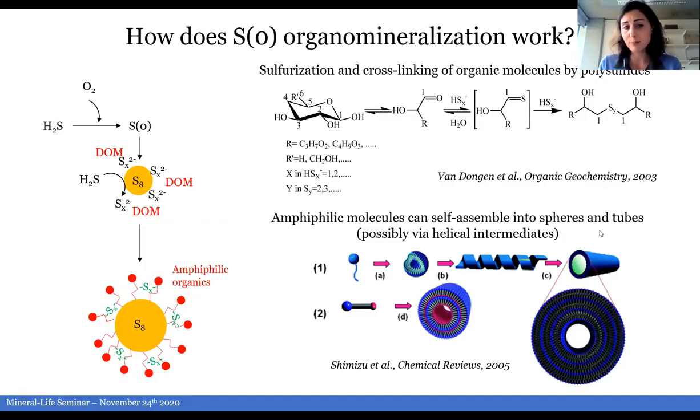And we think that through this process, the organic envelope around the sulfur is formed. And so that's why you end up with elemental sulfur encapsulated within an organic vesicle. And why does sulfur want to stay inside this vesicle? It's because it's hydrophobic. So this way it's protected from the aqueous environment. So really here we have a purely chemical self-assembly process forming these organomineralized sulfur particles.